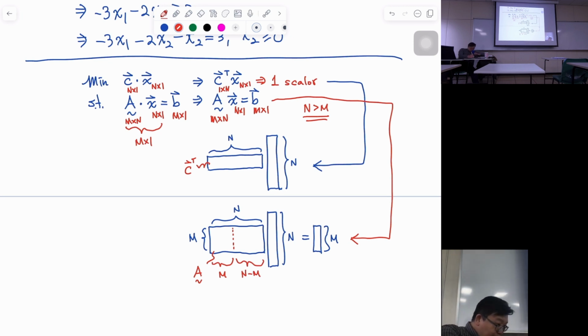Okay, I'm gonna do the same thing for C. So over here, there are m components. The rest will be n minus m components. Just like placing a separator in between. And I'm gonna give some names to those.